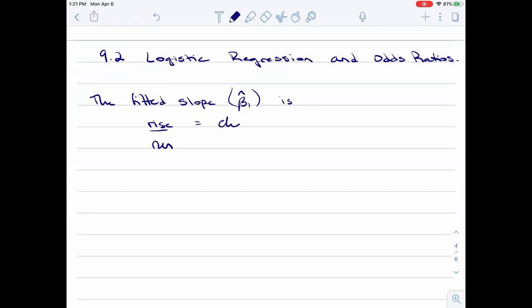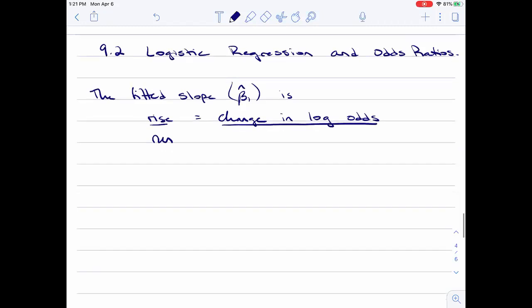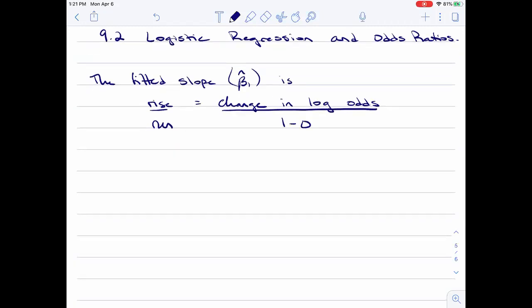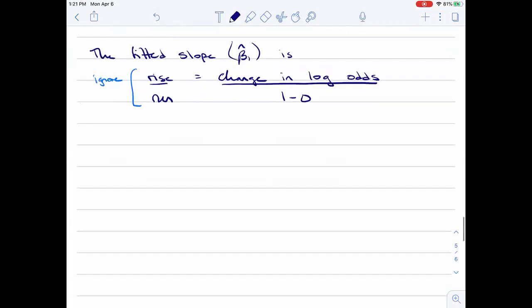So as a fact, that's going to be the change in the log odds over 1 minus 0, which is the change in the proportions. That's not the important part, right? This part you can kind of ignore. It's just there for completeness.